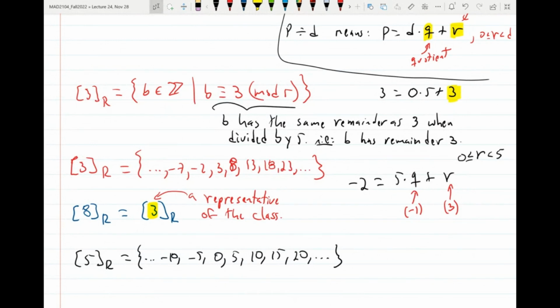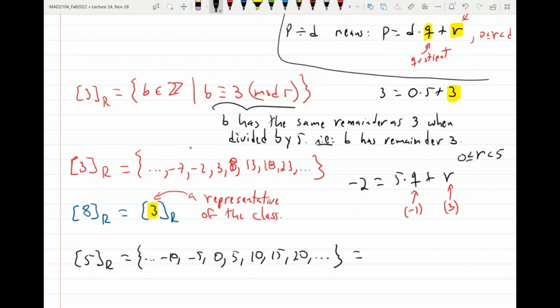For example, here this is represented by 5, but what's a nicer number to use as a representative? 0, because it tells me the remainder. So how many different equivalence classes are we going to have? 5, because those are the 5 different remainders that you could have: 0, 1, 2, 3, and 4. Those are the representatives that we typically pick. You can pick others, but it's easier to pick the one that tells you the remainder.